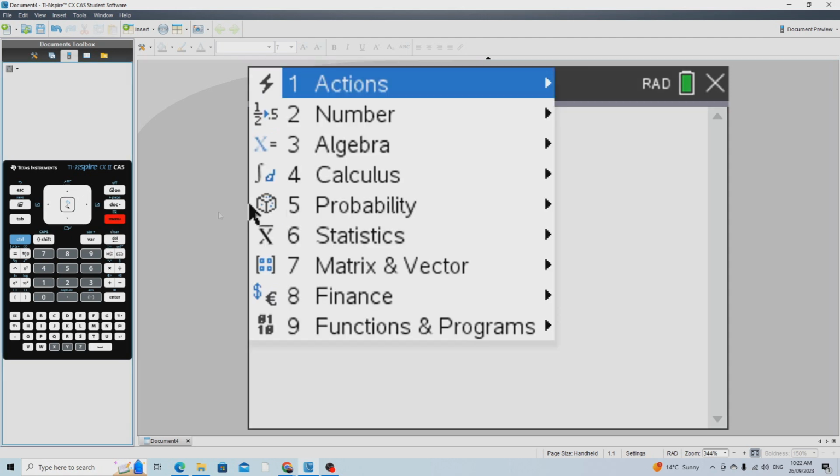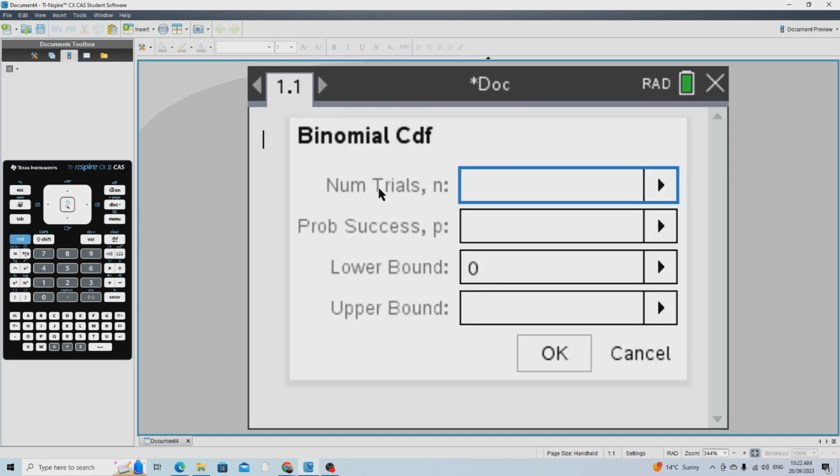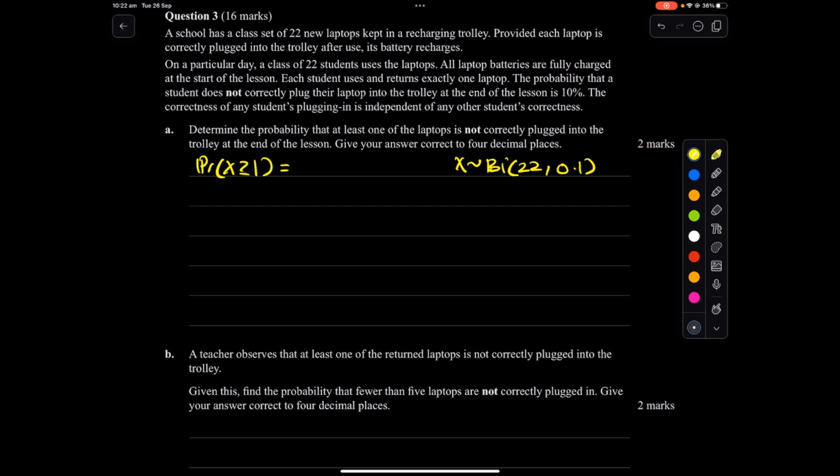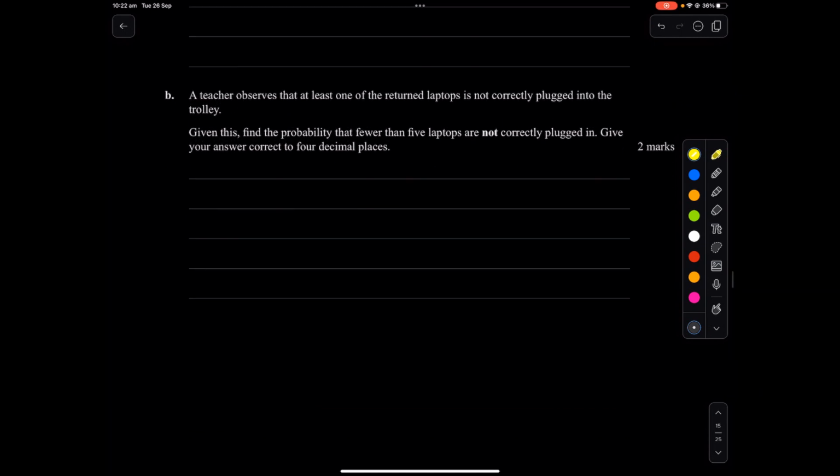Go into probability distributions, Binomial CDF. Number of trials is 22, probability of success is 0.1, our lower bound is 1, and our upper bound is 22. And it gives us this. Four decimal places, so that's 0.9015.